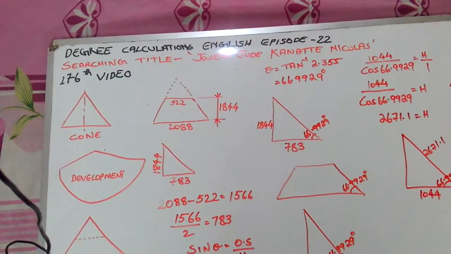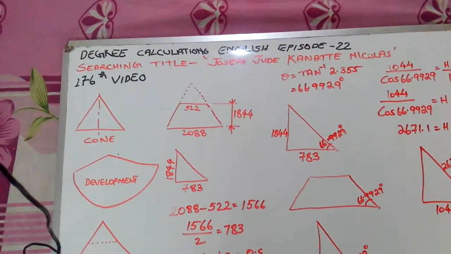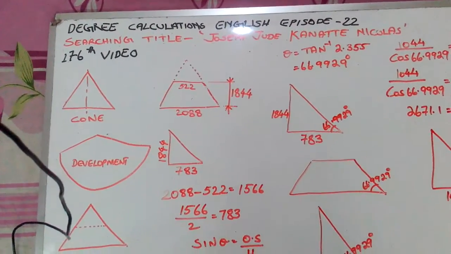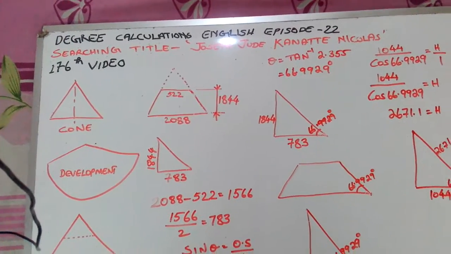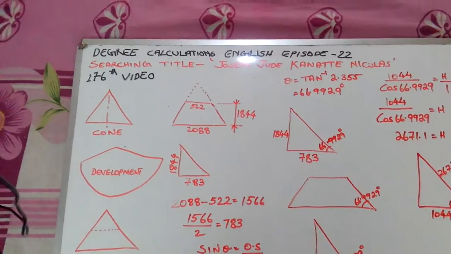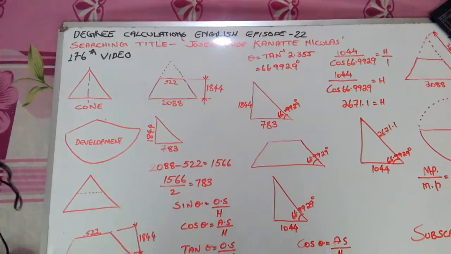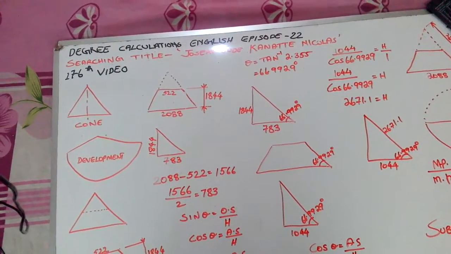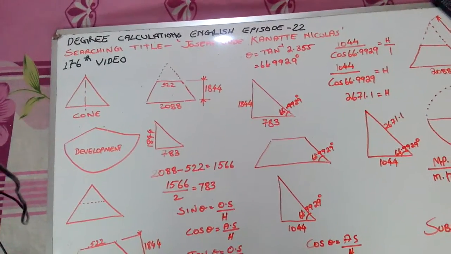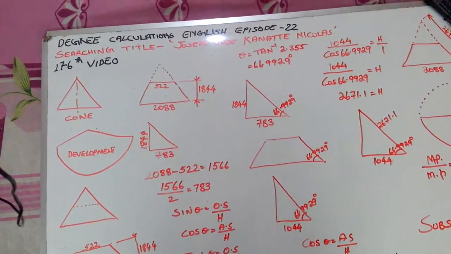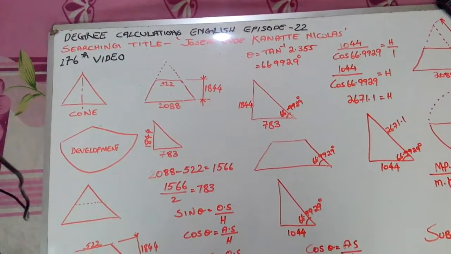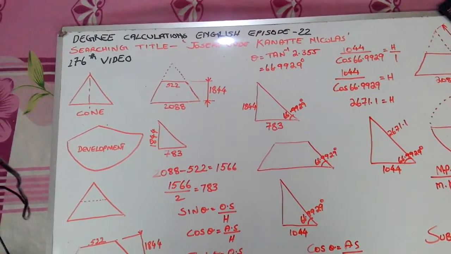In the last few episodes we were studying different types of pattern development. If we have to make a fabricated job, first of all we have to mark it. Marking's another name is development.